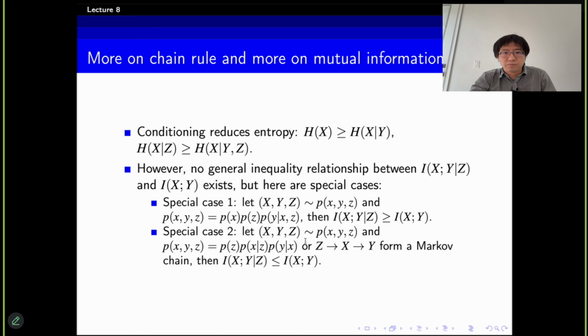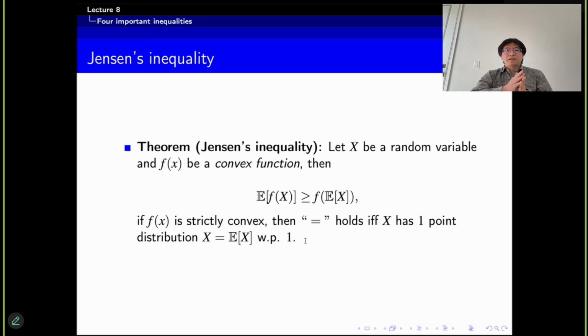So we need to remember this very well. And then we covered Jensen's inequality. When we talk about Jensen's inequality, we focus on convex functions. Hopefully everybody remembers what a convex function is. It's like a parabola.